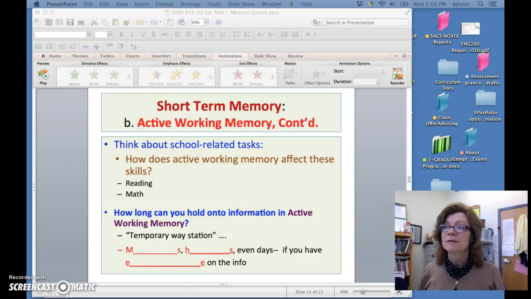How long can you hold information in active working memory? It's best to think of it as a temporary way station, but we can retain that information for minutes, hours, and even days if you have elaborated on that information.